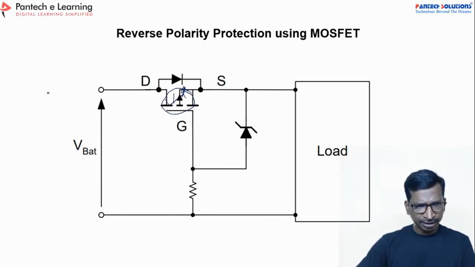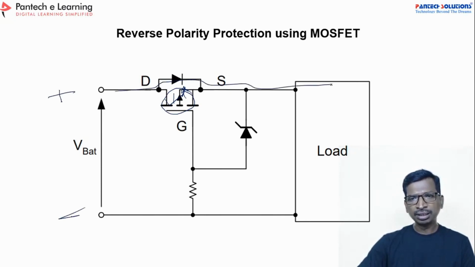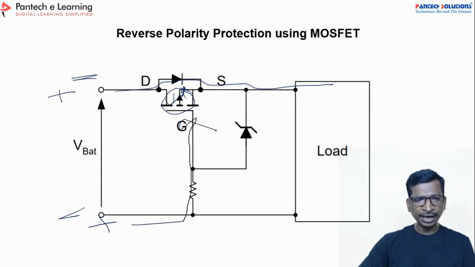See here, if you are connecting the positive here and the negative here, so generally this diode, the voltage will be connected, then the load will be connected to the battery. Suppose if you are connecting the reverse, positive here and the negative here, what will happen? As per the previous example, this positive voltage will be applied to the gate.